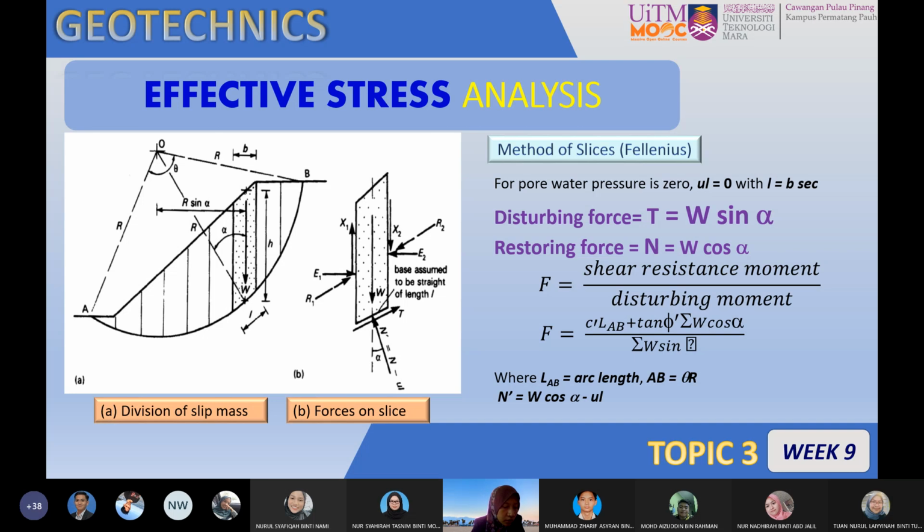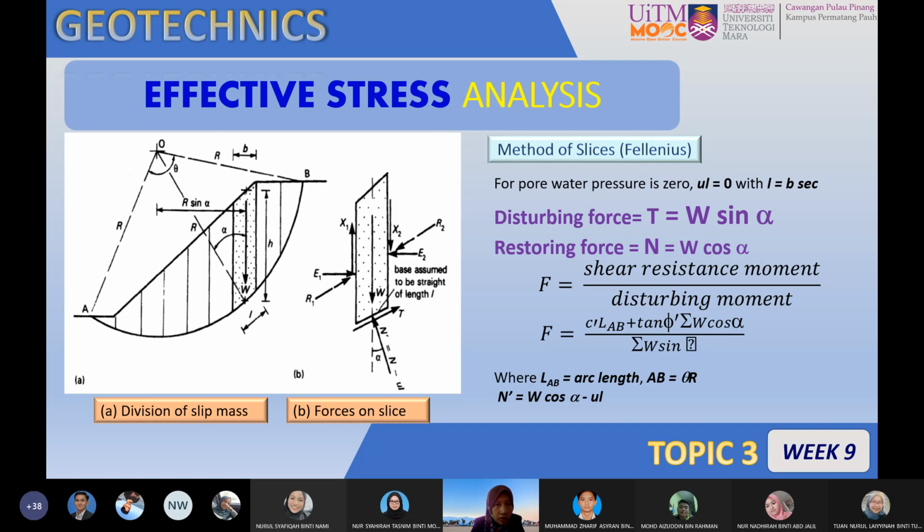So from this one, the base is assumed to be a straight line because, as you can see here, actually we have this circular slip circle. But when we try to derive the formula by taking one small interslice W here, we can assume that the base of the slice is a straight one.